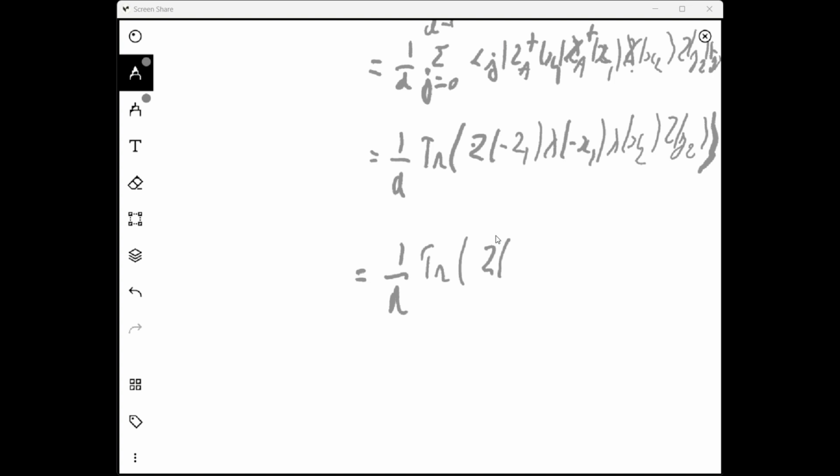of z2 minus z1, and of x of x2 minus x1. Or in the other sense.